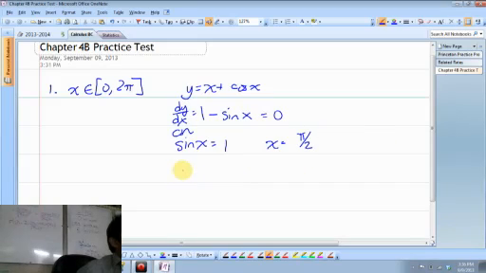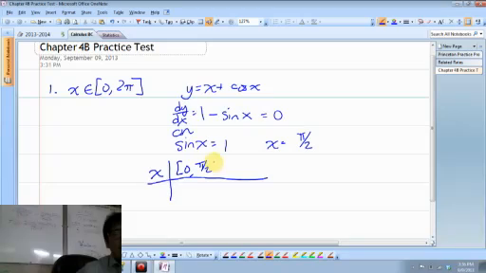And we need to figure out if that's a relative minimum or a relative maximum. So we can use a first derivative test. This is a very small interval: 0 to pi halves, and pi halves to 2 pi.